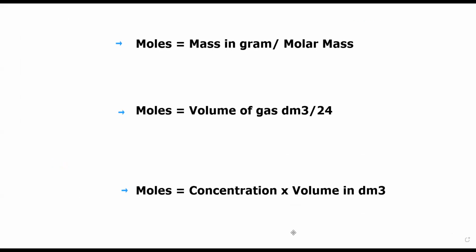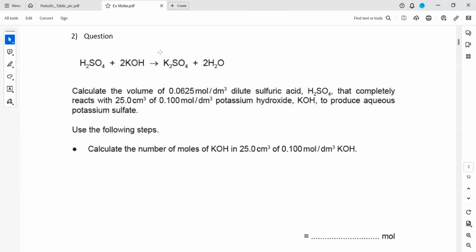In this question, sulfuric acid and potassium hydroxide are reacting and forming potassium sulfate and water. It is better to look at the units to identify what quantity is given. The question is to calculate the volume of 0.0625 mole per dm cube of sulfuric acid.